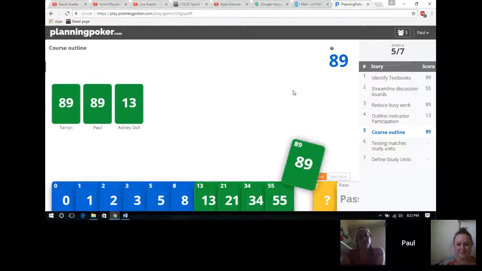Okay, Ashley, since you're the outlier, explain why you think it should be higher. I feel like this is an important thing. It goes kind of hand in hand with the textbook, but the textbook may be a little more important than just the study outline, but you guys agree. So what were you thinking?